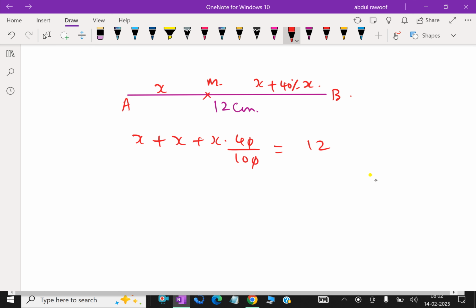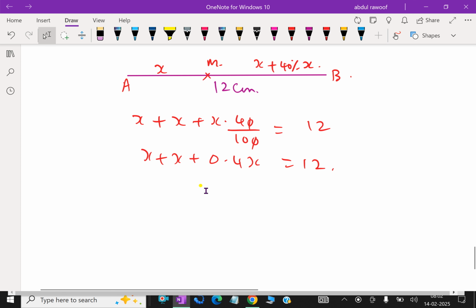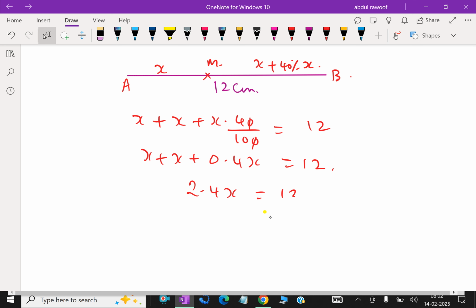So x plus x times 4 by 10, which is 2 by 5, that is 0.4x. Totally 2.4x, because 1x plus 1.4x, so 2.4x equals 12.